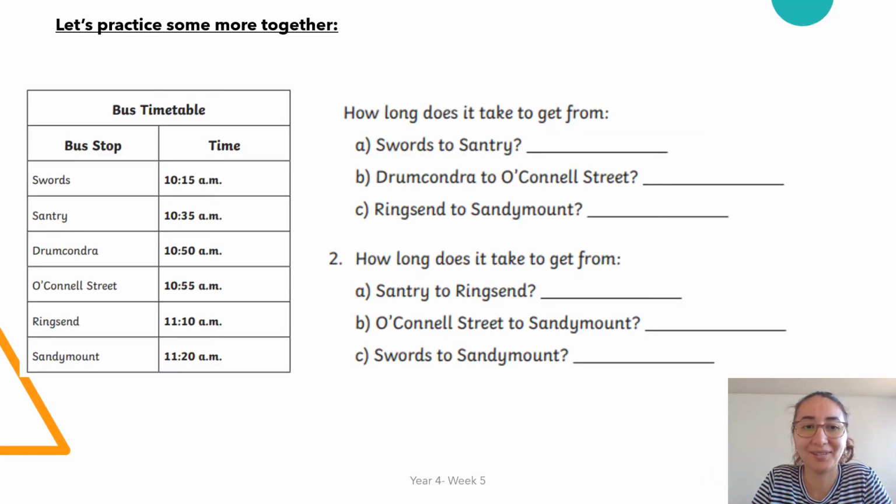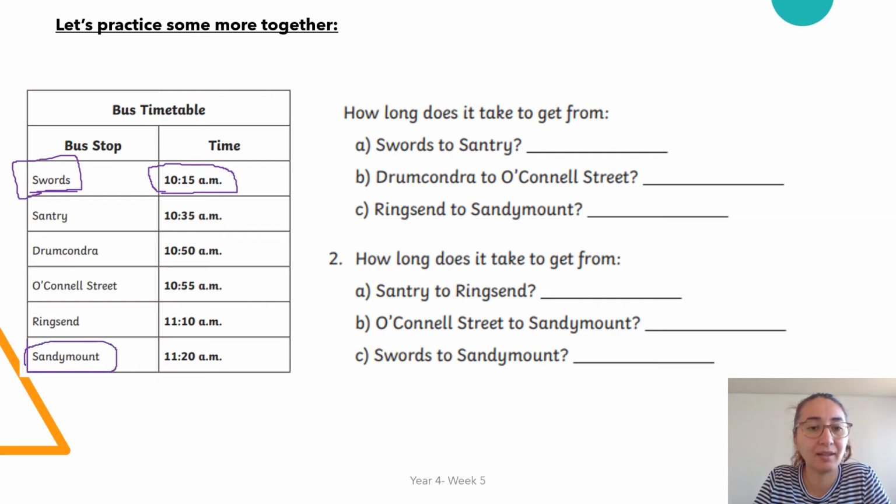Okay, so now let's look at our practice question. So here again, we've got another bus timetable, but this time if you realize, it only has the times of one bus route. So it's only this bus that starts at 10:15 a.m. It starts at the bus stop called Swords and ends up in Sandy Mount.